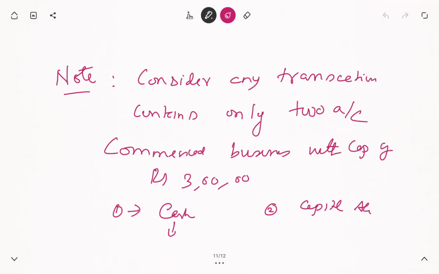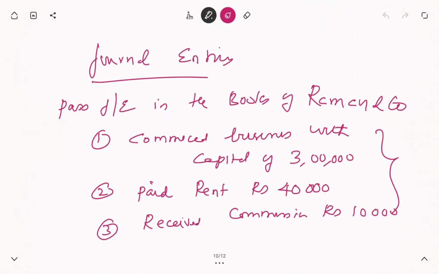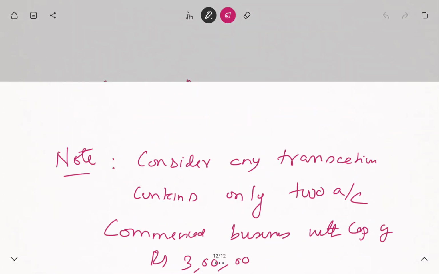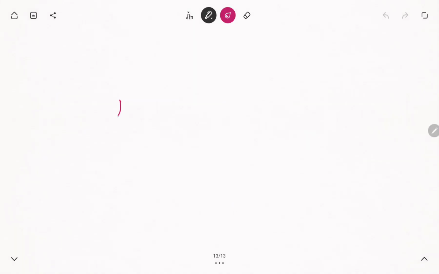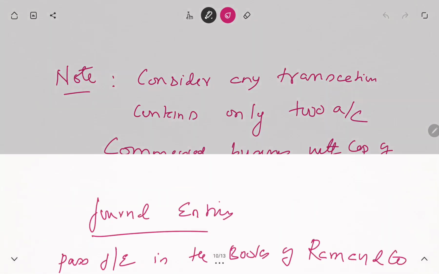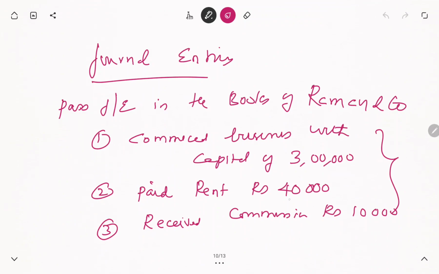Next transaction is what? Paid rent. How much? That's very important. It's 40,000.